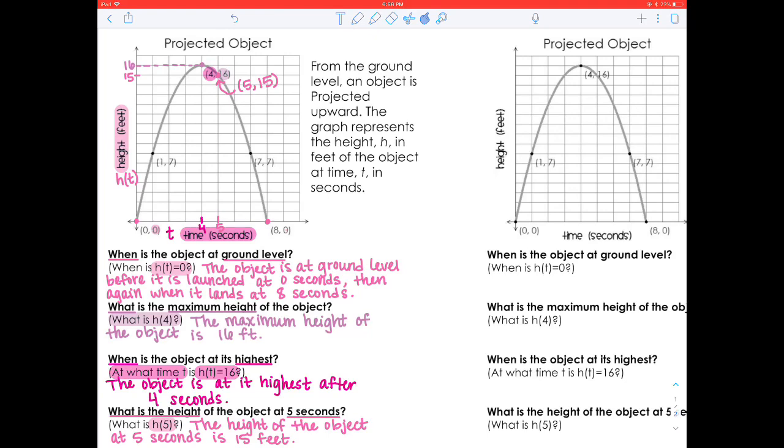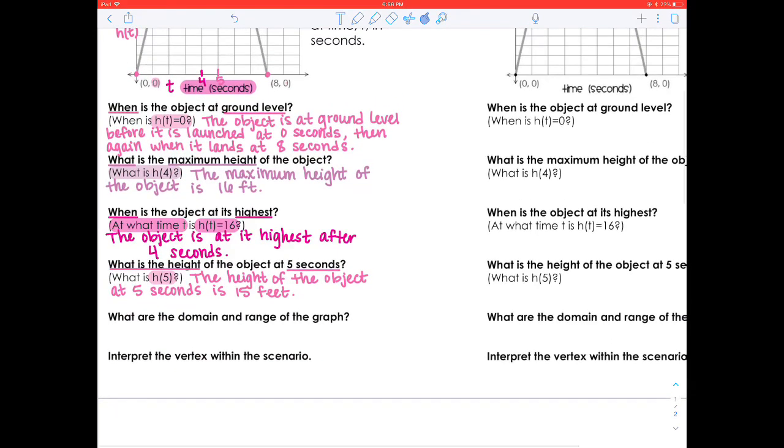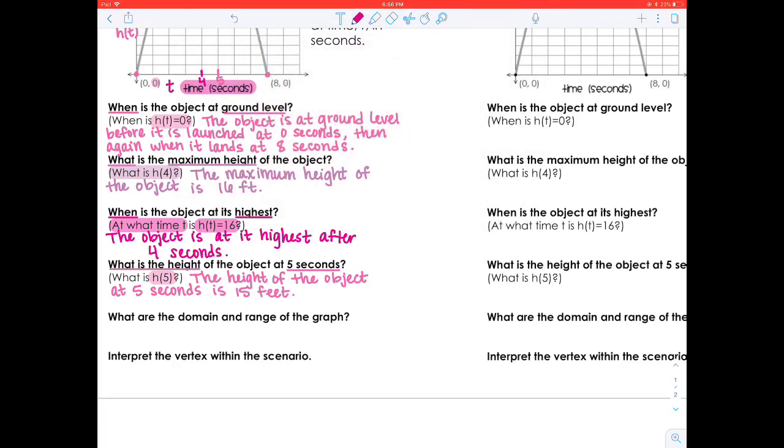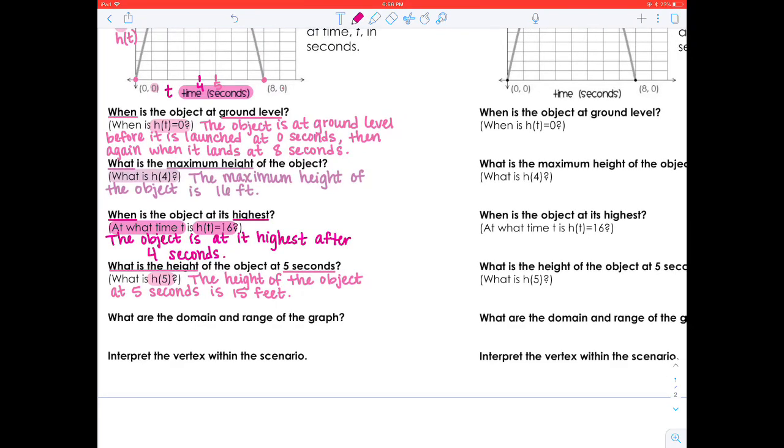Okay, so let's start with domain. Remember, domain are your x values. Or in this case, it would be t. So our domain is t, our time.